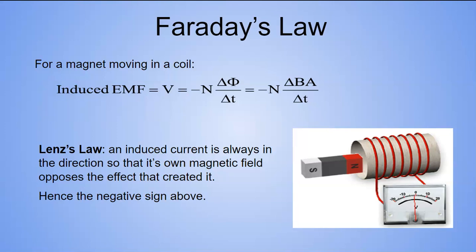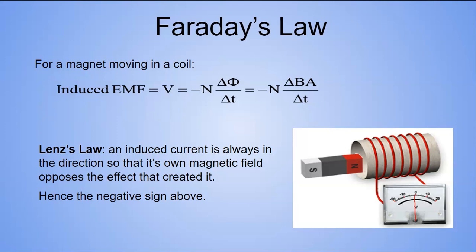But let's say, for example, that I push that magnet into the coil. I'm moving it to the right. I move the magnet to the right into the coil. The coil is going to generate a magnetic field. When the current is induced in that wire, the resulting magnetic field will oppose that incoming magnet. And so those two magnetic fields will try to cancel each other out.